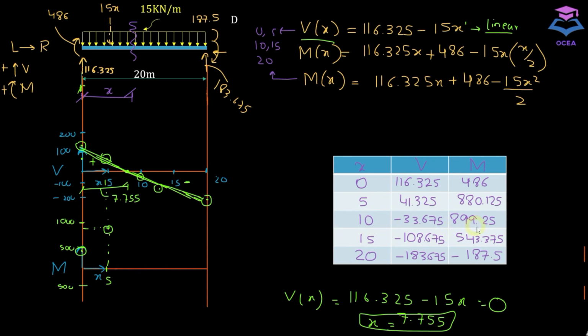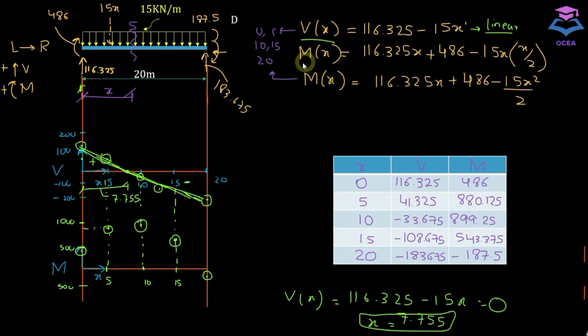Similarly, at 10, we have 899.25, which is pretty close to this value, and this would be somewhere here. At 15, we have 543.375, located near here. And at 20, we have minus 187.5, so negative, and this would be somewhere here.